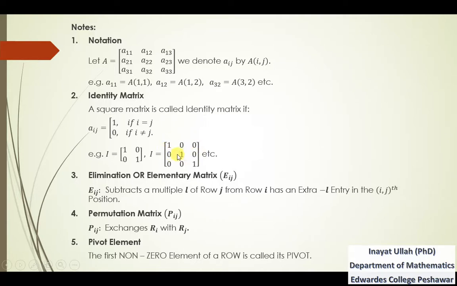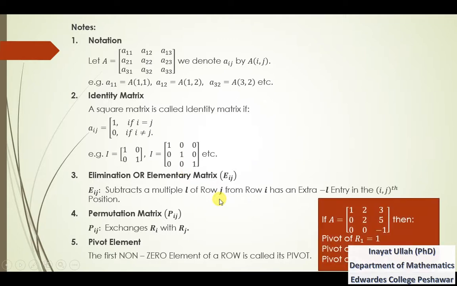Similarly, the pivot of row 2 is 1, and the pivot of row 3 is 1.